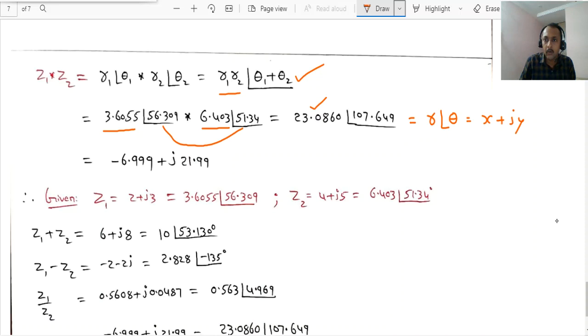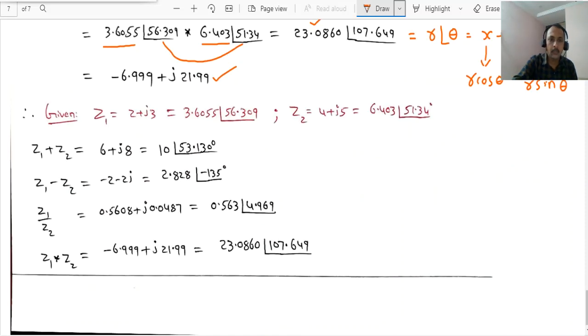Now this x will be R cos theta and this y will be R sin theta, and you bring the answer back again to the complex form. Clear?